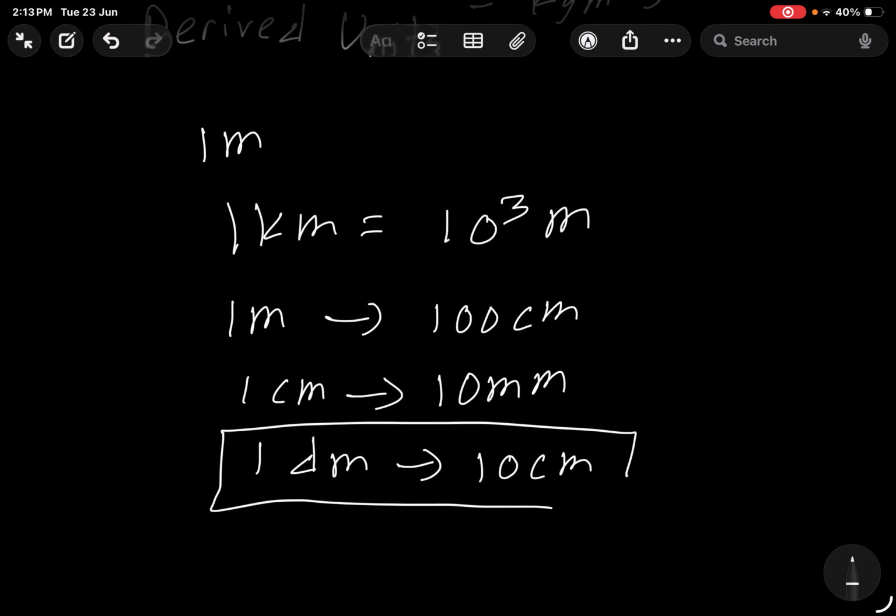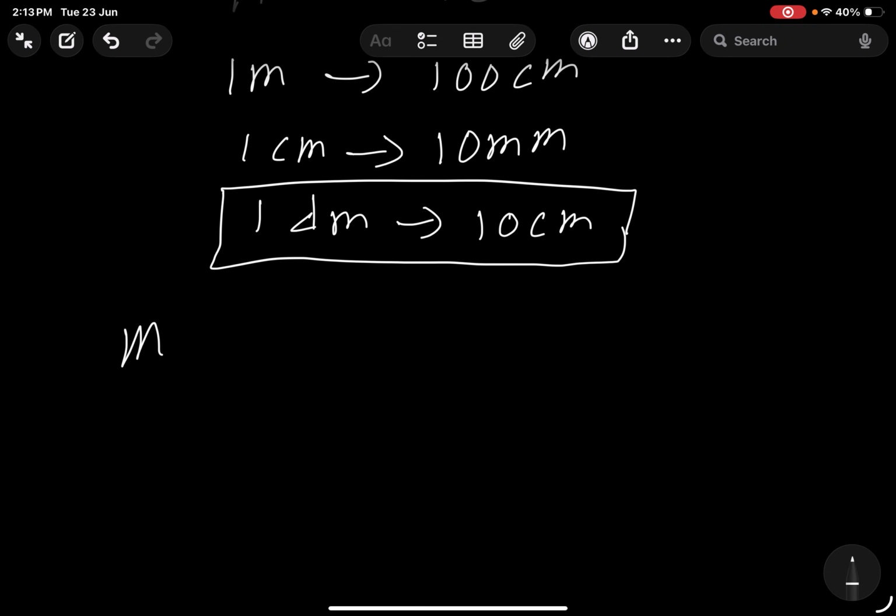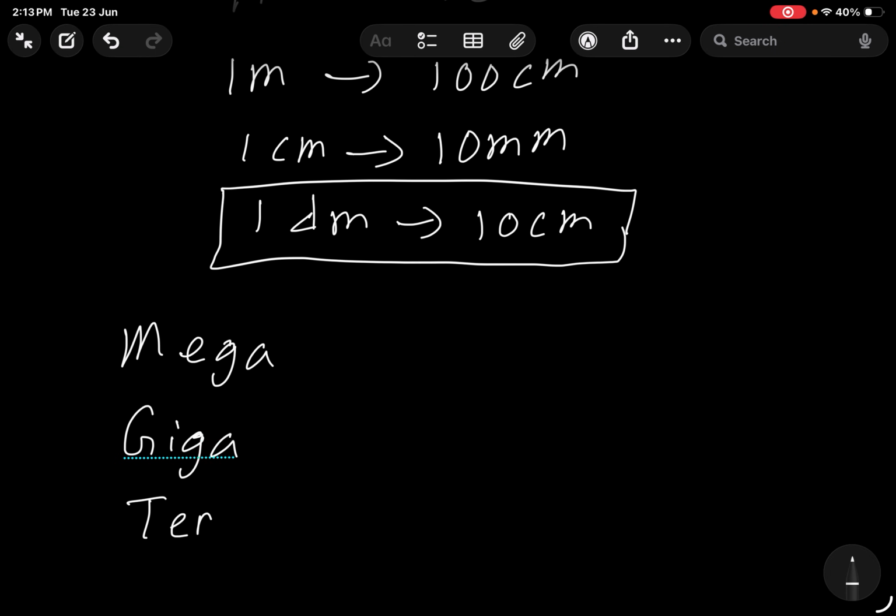But there are some other prefixes that you're going to need, especially to define frequency or distance, which are bigger than kilo and lower than milli. But you can use something like a rhyme. We have mega, then giga, and then tera.